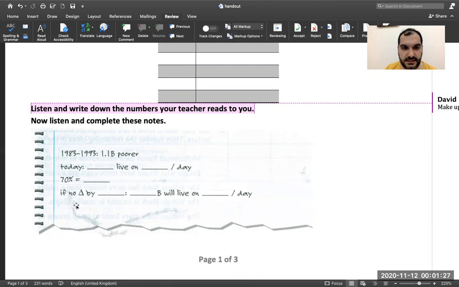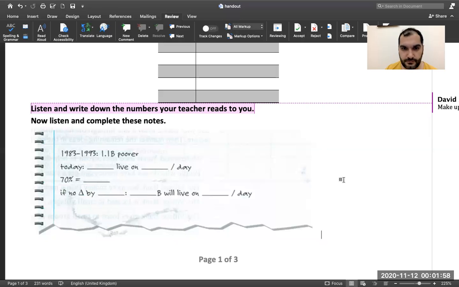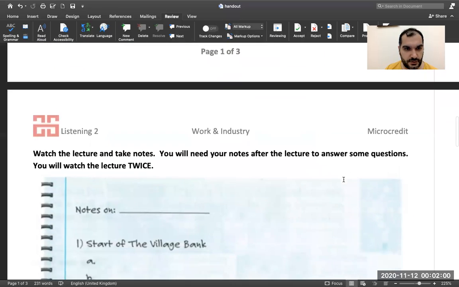If we don't make any change by 2030, 4.9 billion people will live on only $2 per day. Now you know the answers.